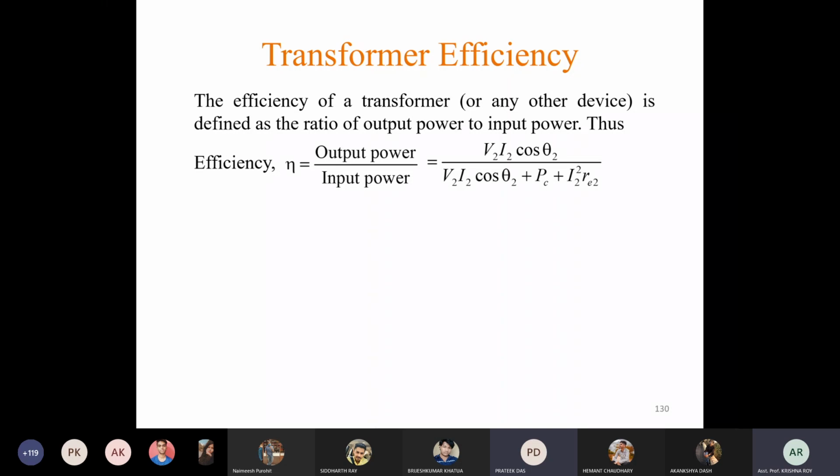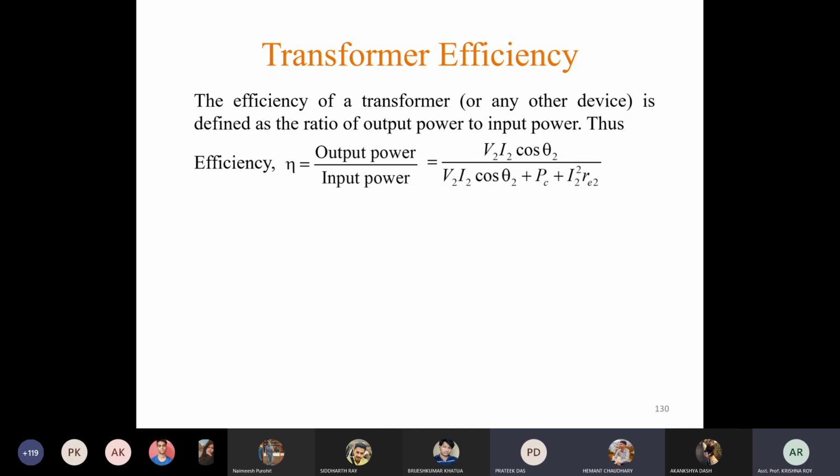Using this equation, we can calculate efficiency without measuring the input voltage or input current or output voltage or output current. V2I2 is the rated power given on the nameplate of the transformer, that is the kVA rating or VA rating, which we can get from the nameplate of the machine. Core loss can be measured by performing the open circuit test, which we will discuss after this topic, and ohmic loss can be measured by performing the short circuit test.